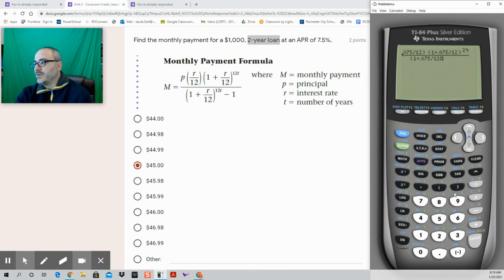All right, closing that parentheses. I want to raise this to the power of 24. So caret 24, right? I'm pressing the right button to bring that cursor back down where I want it, and then minus 1. And if I did my job here, this should give me my monthly payment, right?